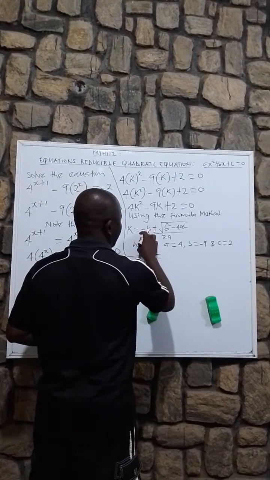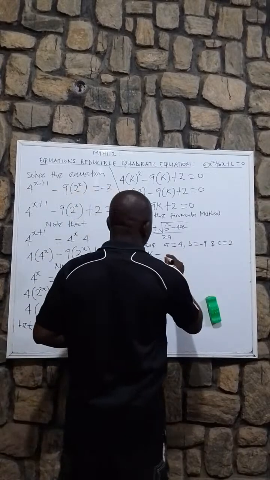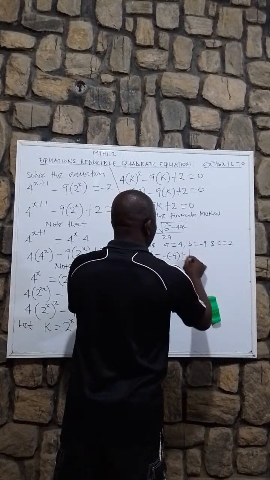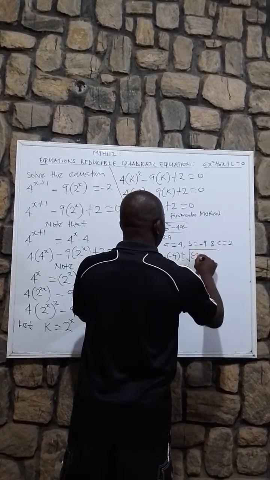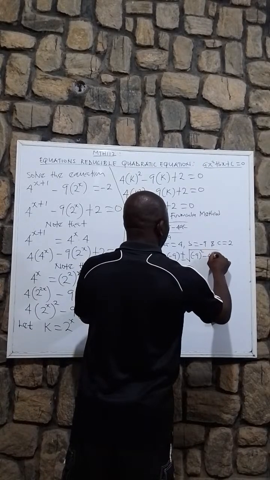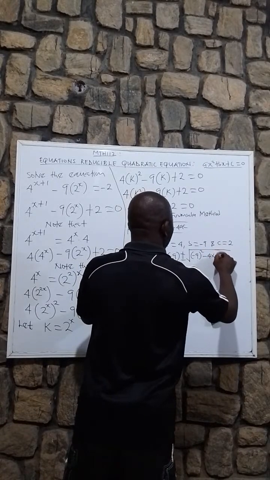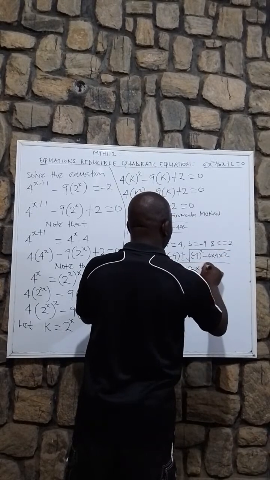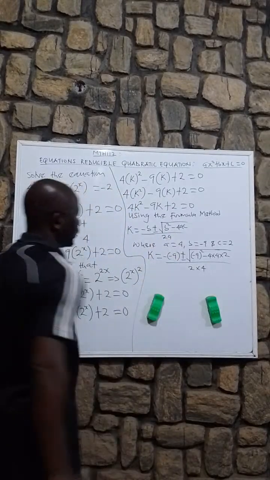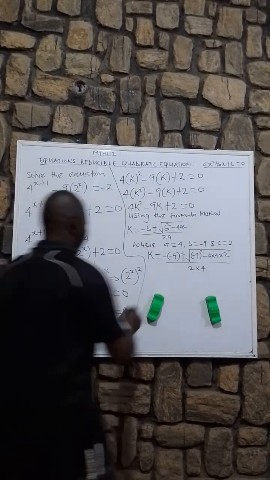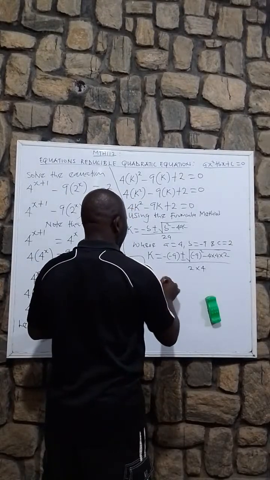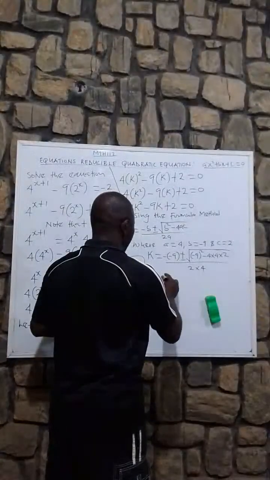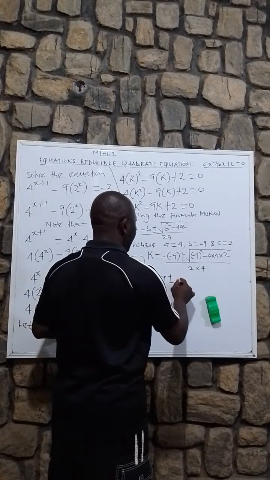Our k will now be equal to minus b, that is minus open bracket minus 9, plus or minus the square root of minus 9 all in square minus 4 times a, which is 4, times c, which is 2, all over 2 times 4, because a is 4, right? So far so good. Our k is equal to minus times minus, we are going to have plus, so 9 plus or minus.